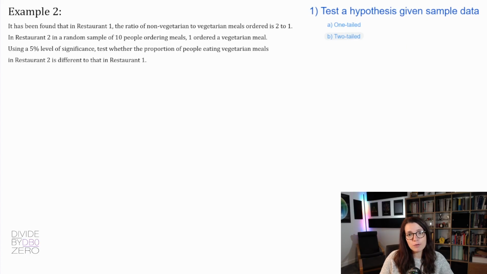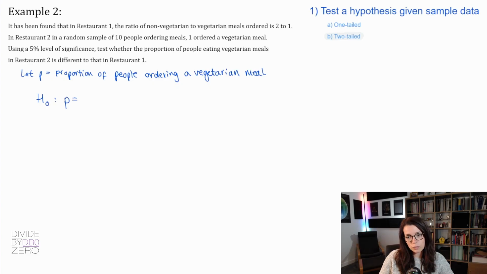For this question, before we write our null and alternative hypotheses, it's probably a good idea to outline what P is going to be. So in this case, we can say something like, let P be equal to the proportion of people ordering a vegetarian meal. Then we can say H0 is P equals 1/3, because the ratio of non-vegetarian to vegetarian was 2:1.